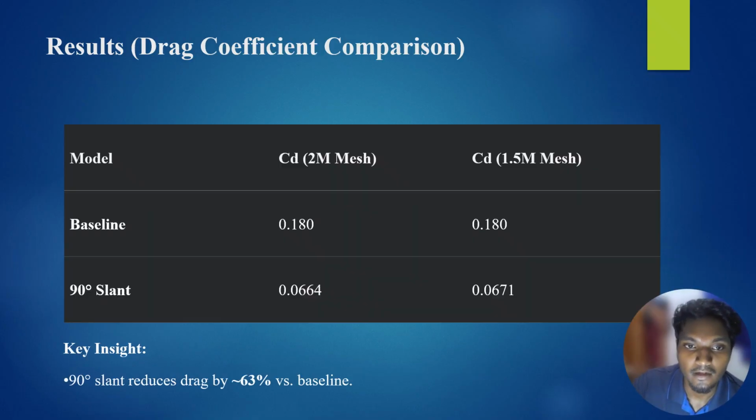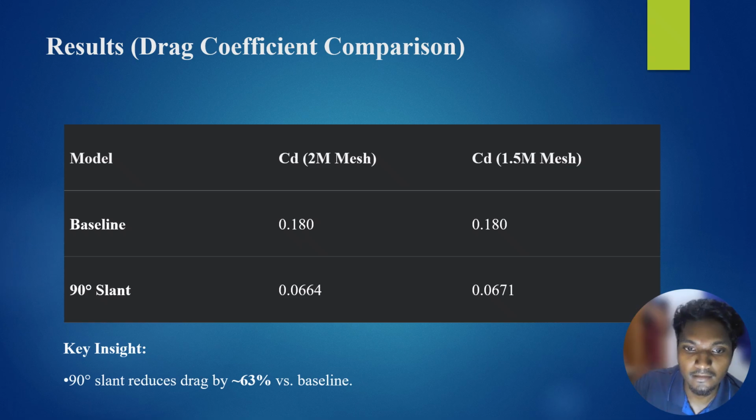These are the results we get for the drag coefficient from the comparisons. For the model versions, the CD results are for the 2 million mesh and the 1.5 million mesh. For the baseline we got 0.180 for the 1.5 million mesh and 0.180 for the 2 million mesh.